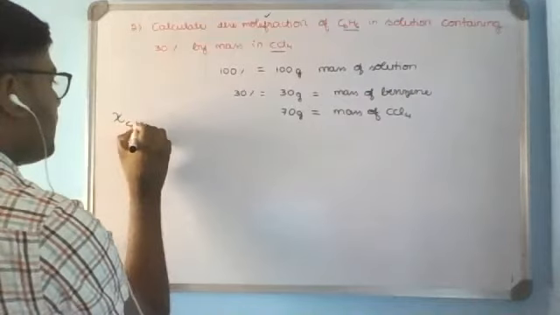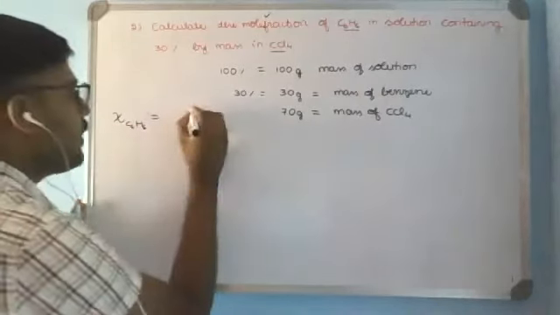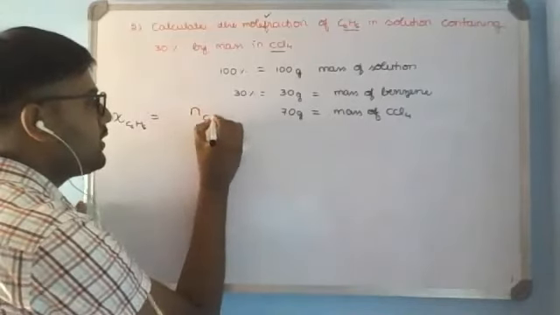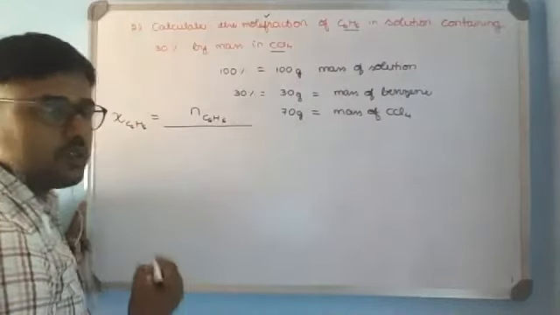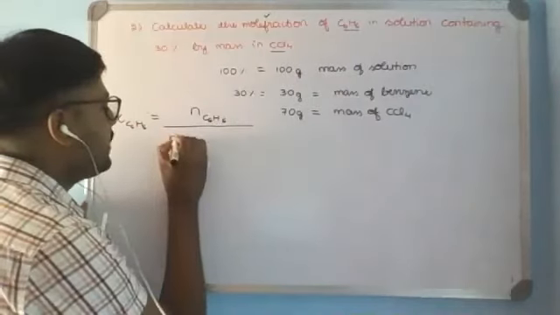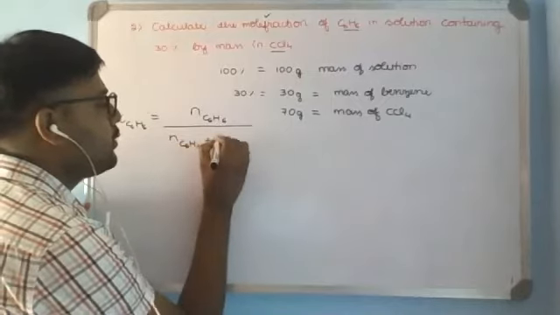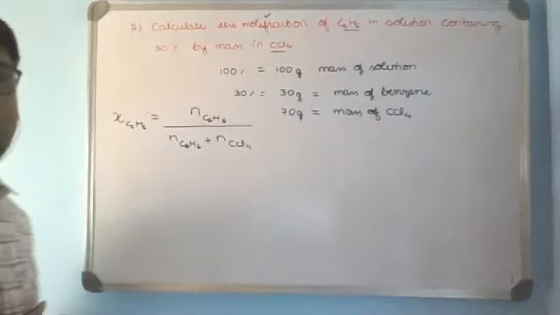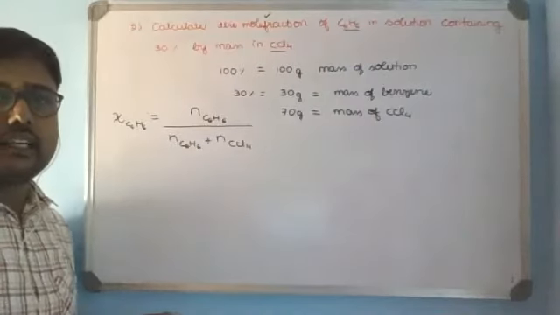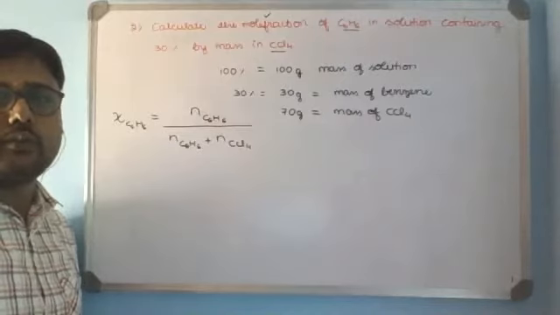As we know, the mole fraction is the number of moles of that component, that is the number of moles of benzene, divided by the total number of moles of all components present in the solution. It is the number of moles of benzene plus the number of moles of carbon tetrachloride.